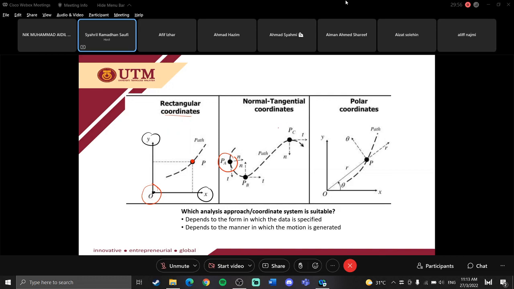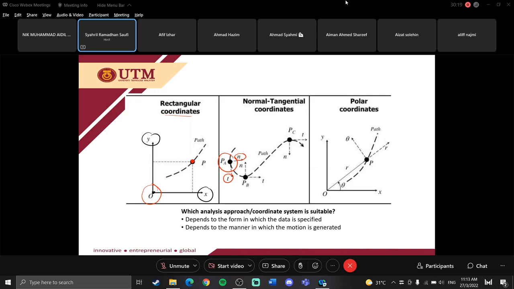But for the normal and tangential coordinates, we do the analysis on the particle itself at the particular position. That means you need to determine the normal and the tangential parameters.